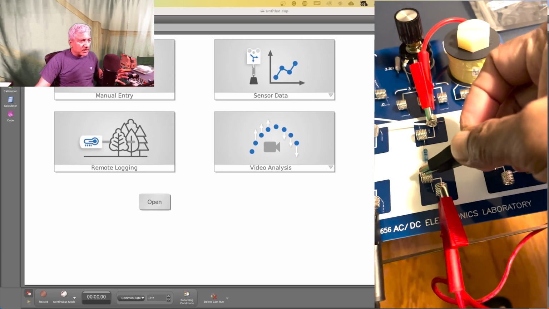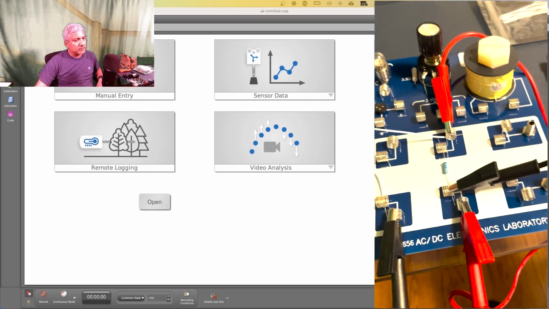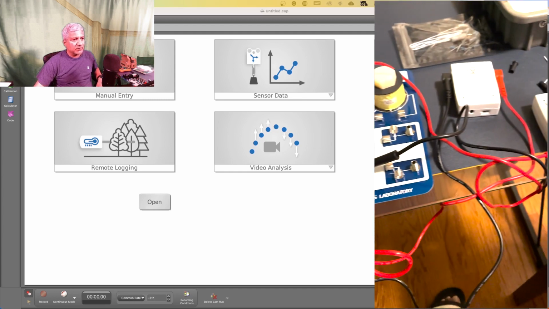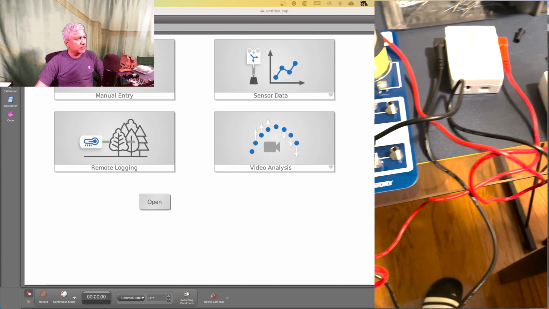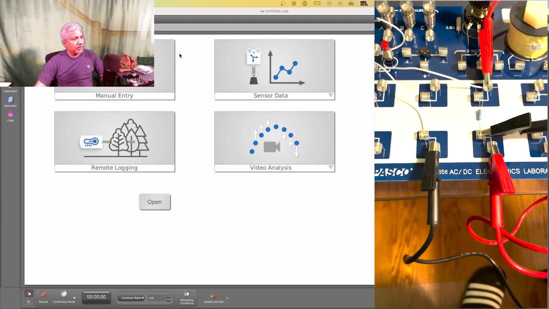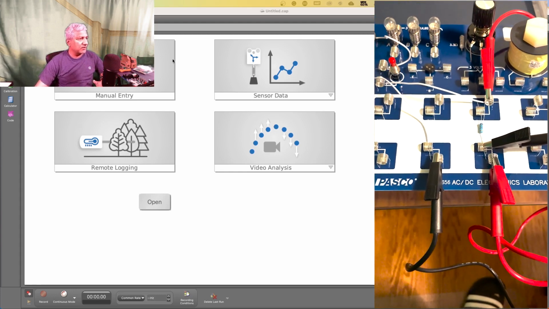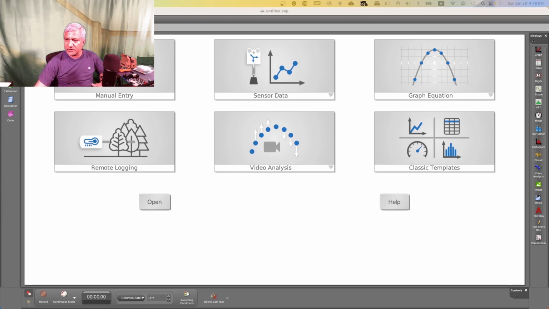All right, you can see that now. And after you have connected them, go to the hardware setup. It's on the extreme left.